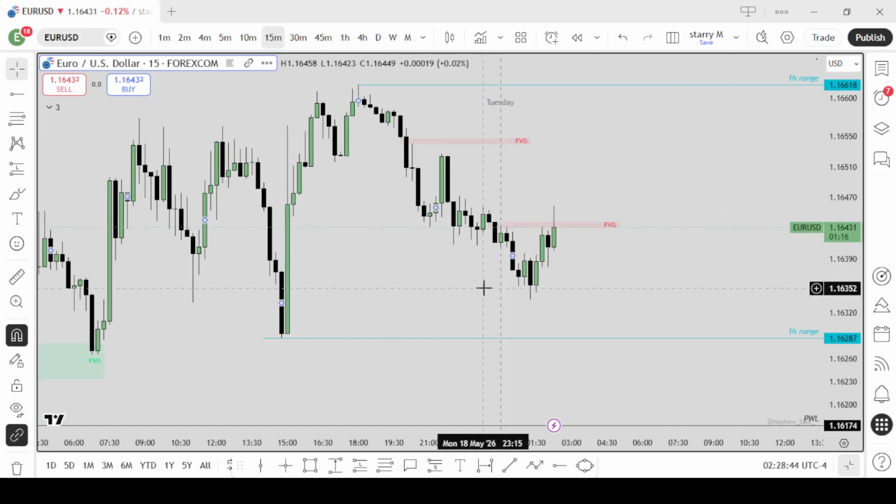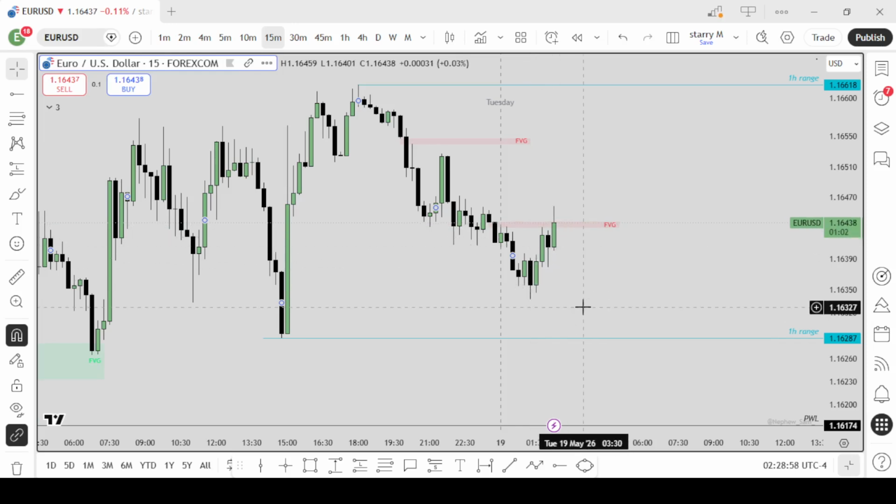If it doesn't make a fair value gap, it is invalid. So we are on the lookout for a 15 minutes market structure shift with a fair value gap for us to start buying. And if it comes and moves below this range, we know we have shifted our structure.